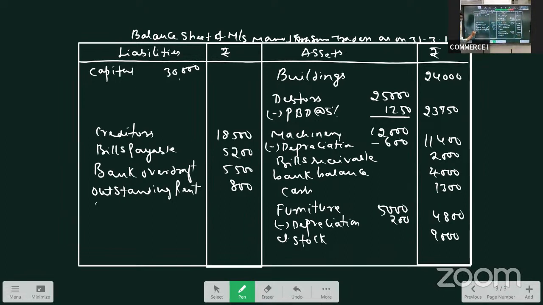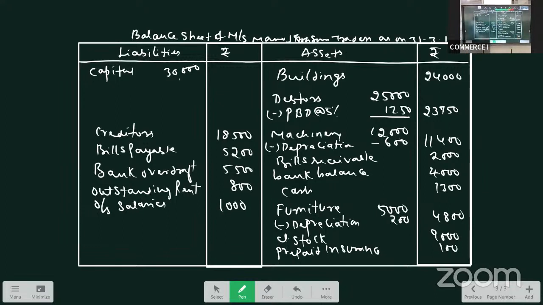Outstanding salaries. Outstanding salary is a liability. How much? Outstanding salaries are 1,000. Prepaid insurance is 100. That is an asset. Paid in advance.